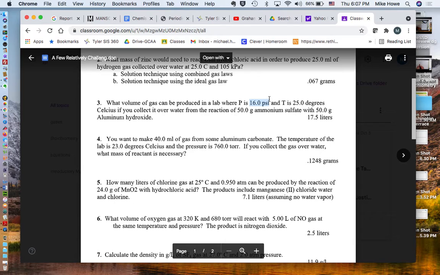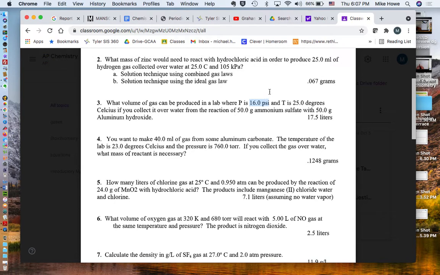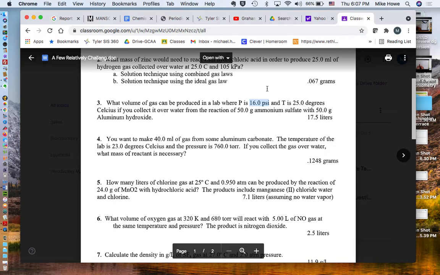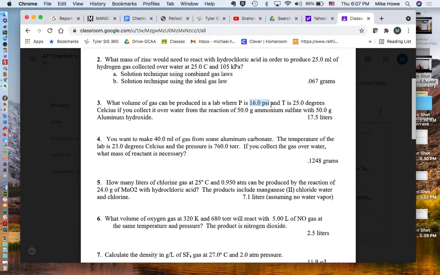You know that 14.7 is standard pressure in psi, so 14.7 psi would be equal to 760 millimeters of mercury. So make that conversion. It's 25 degrees, so that would be 298 Kelvin.